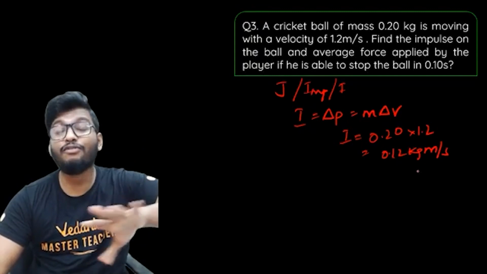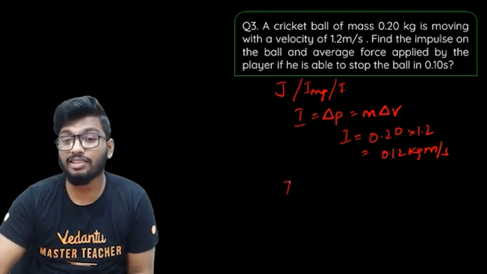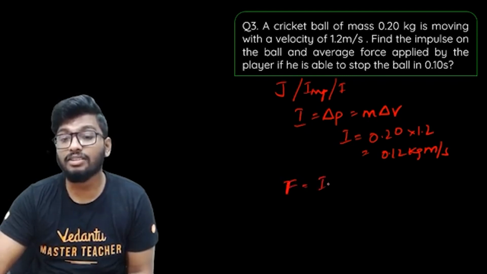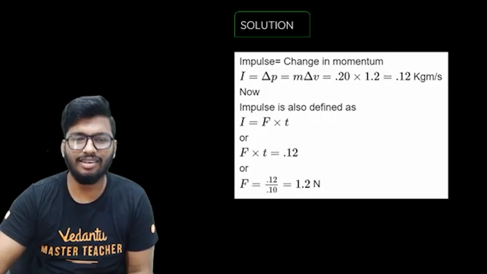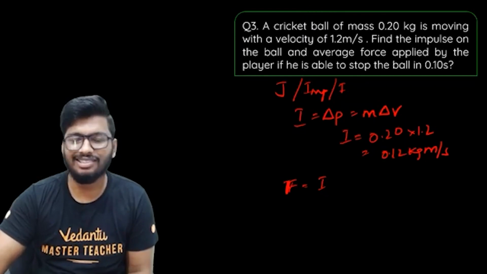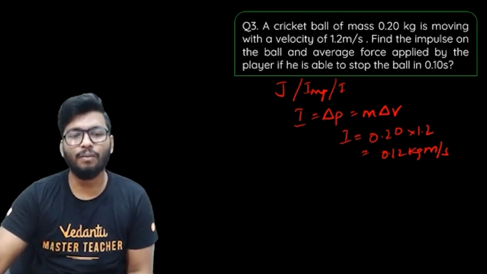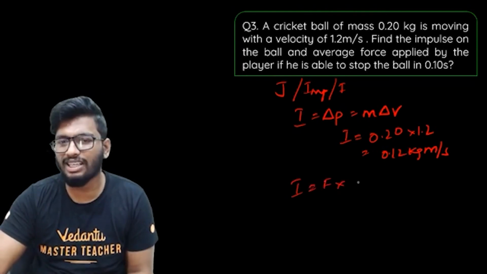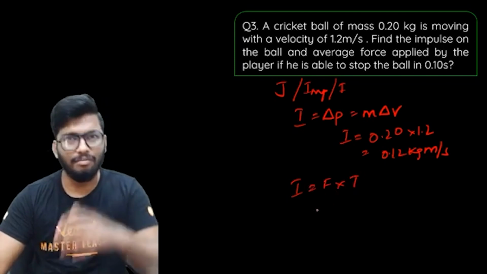Now, another formula to calculate force. Impulse is equal to, sorry guys, the formula is: impulse is equal to force into time. Impulse is also equal to force into time. So put down the values.